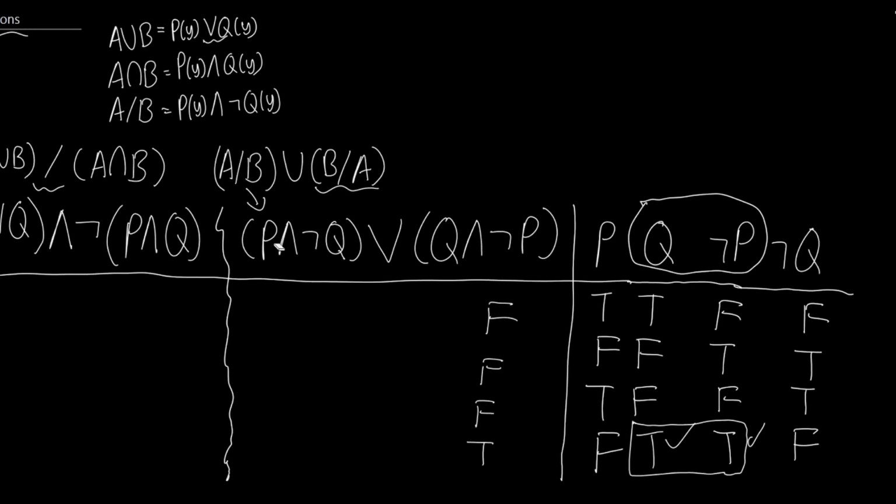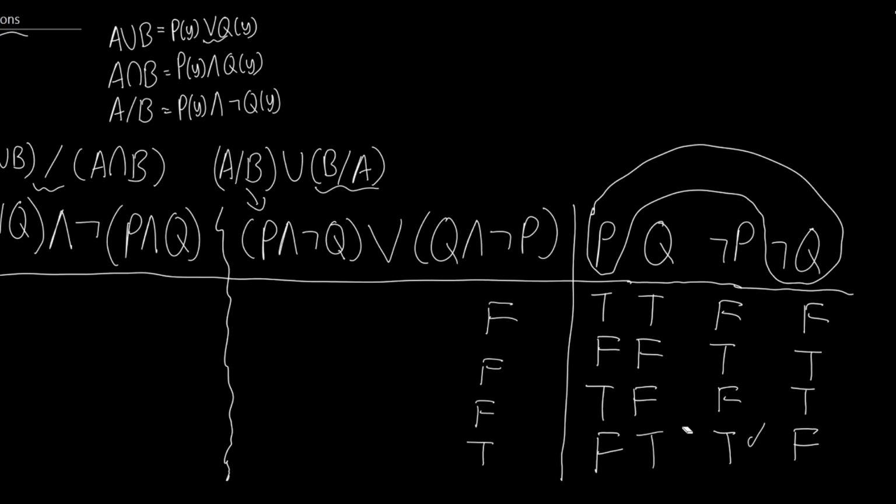This guy is P and not Q. So it's these two we're comparing. Let's check the rows. Well, in this case, it's the third row. The third row, both of them are true. So true here, while the rest, they don't satisfy the necessary conditions. They don't have enough truths.